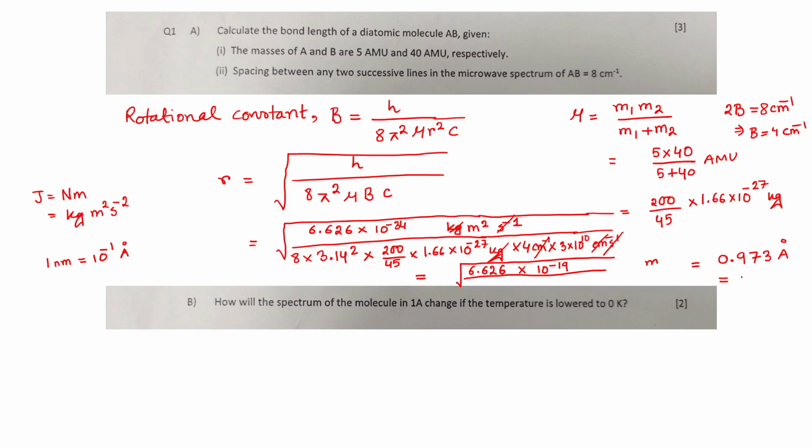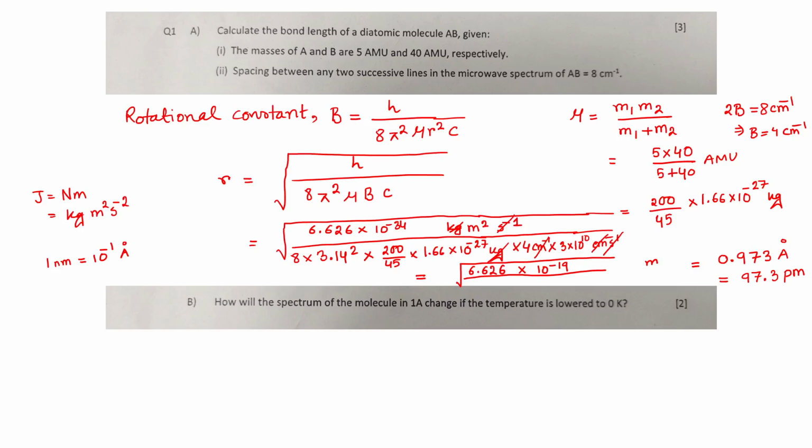So this is 0.0973 nanometer, or in terms of picometer it would have been 97.3, right? I think when we were solving the problems, we were doing it in terms of picometers, from what I remember. Anyway, whatever unit you come up with, even with meter, it is fine. So that's the correct approach.